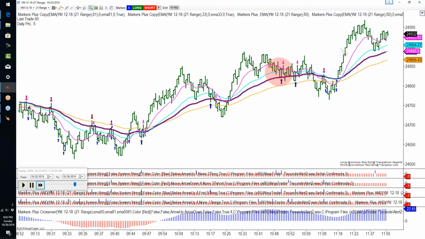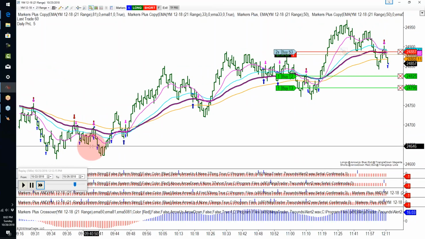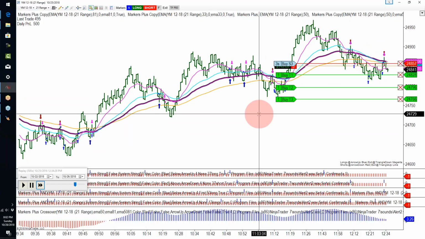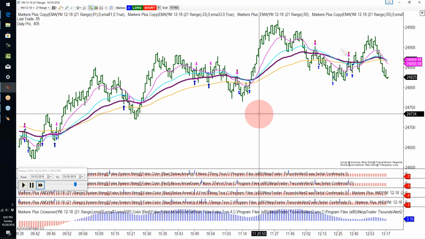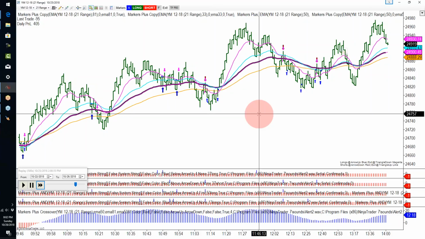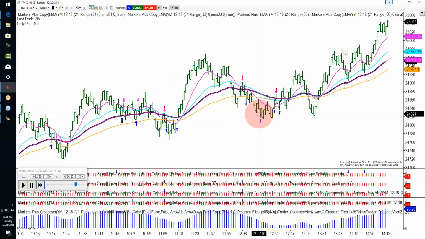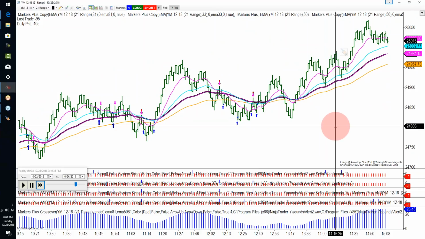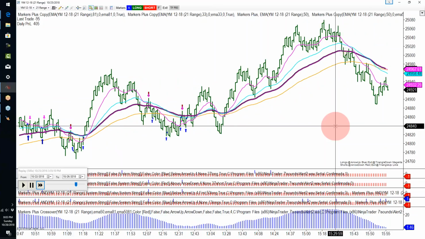Okay, so we did take a couple of losses in there. We jumped out to a pretty nice lead, and then kind of gave some of it back. So see what happens here. Currently up $405. These are great trades here, but didn't quite qualify for the current setup.